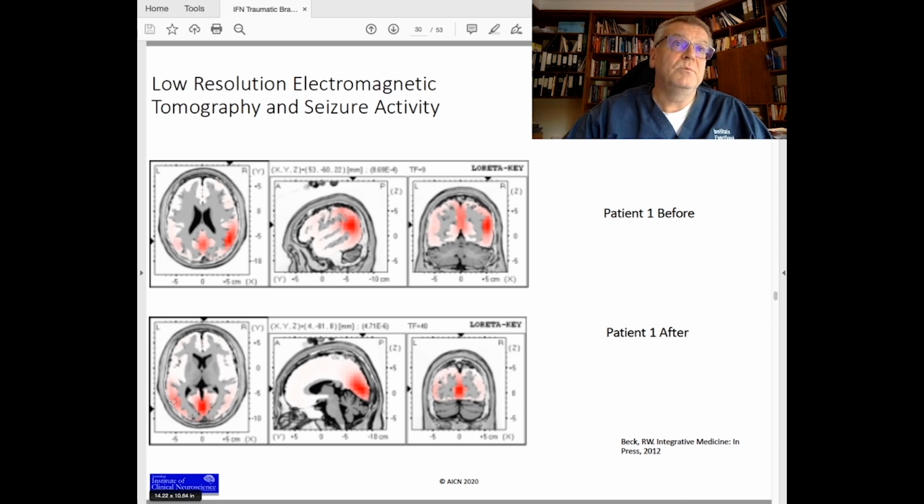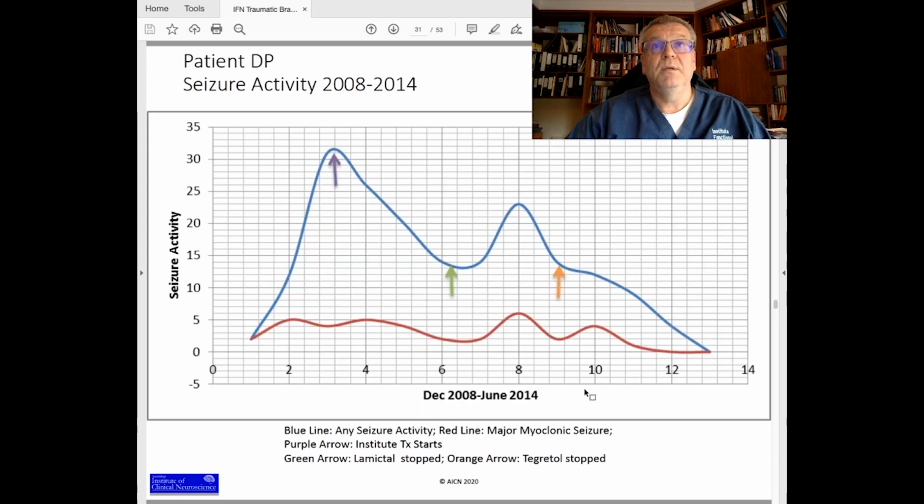So what we did was we used a transcranial direct current treatment on this patient, and we just increased the opposite identical area of the brain on the other side slightly, and that caused inhibition of the seizure areas. So that worked out quite well for him, and we see that his seizure activity has reduced dramatically. When he first started with us, right here on the purple arrow, he was up around sort of 32, 33 seizures a month.